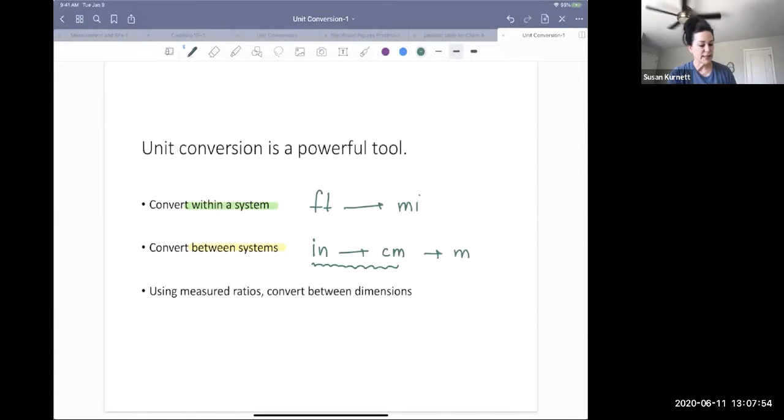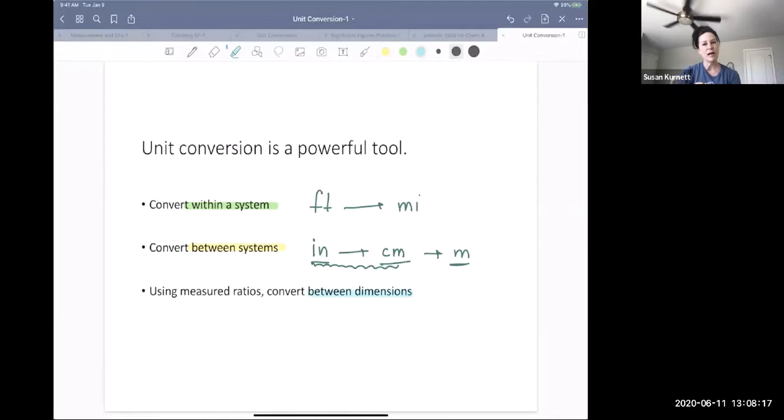I can go from inches to centimeters, which means from English to metric, and then use a prefix conversion to continue on in the metric system. And then finally, it can also be used to convert between dimensions. In this context, what I mean by dimensions is, mass and volume are different things.